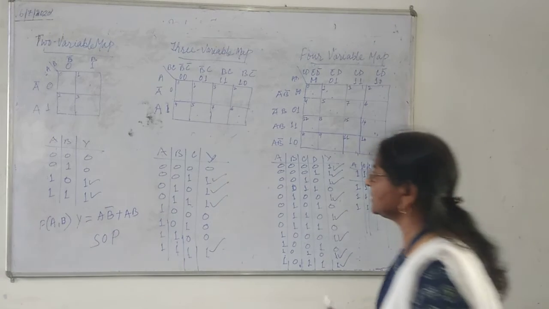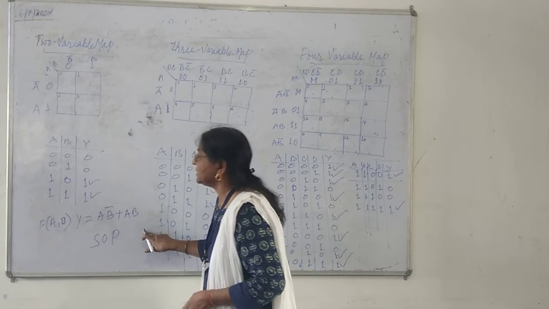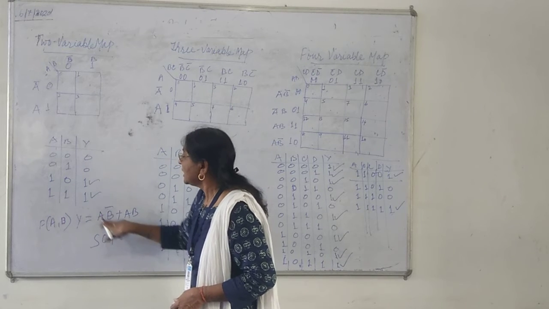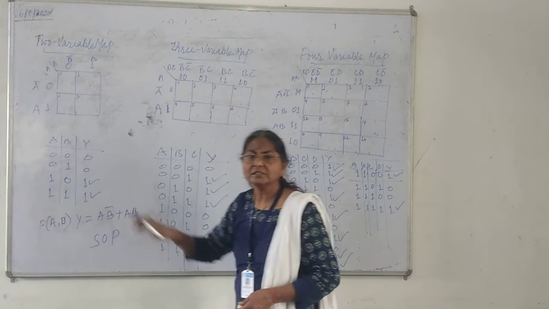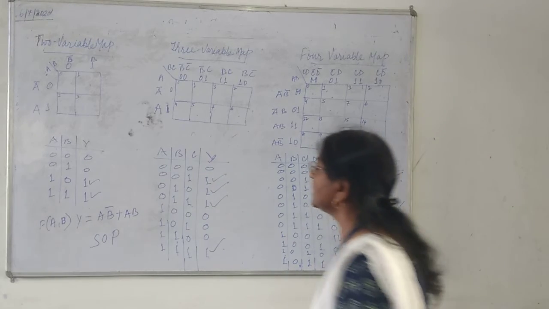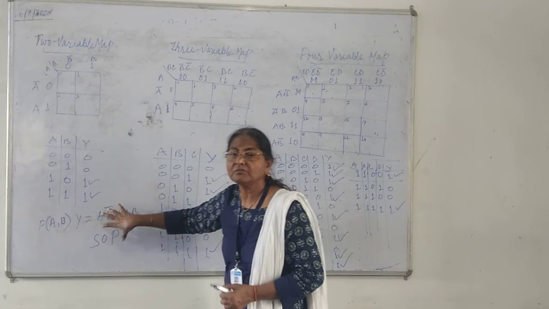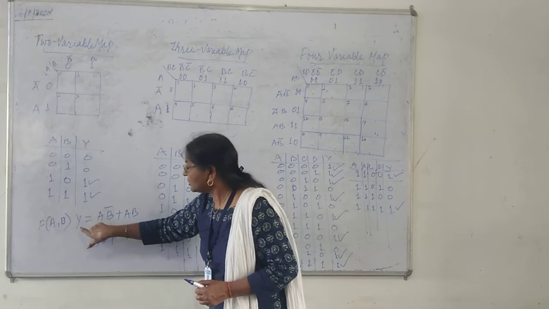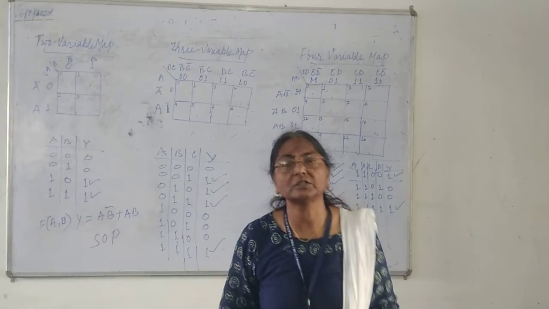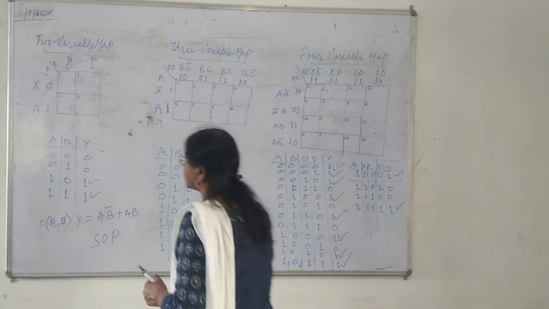What I have done? I have written A, B bar or AB. This one is A, the value of A is 1 here, so I have written A, and the value of B is 0 here, so I have written B bar. This equation will be called sum of product. It is a sum of those fundamental products for which the output is logic 1.